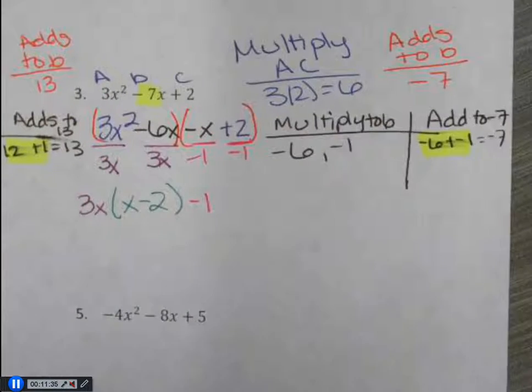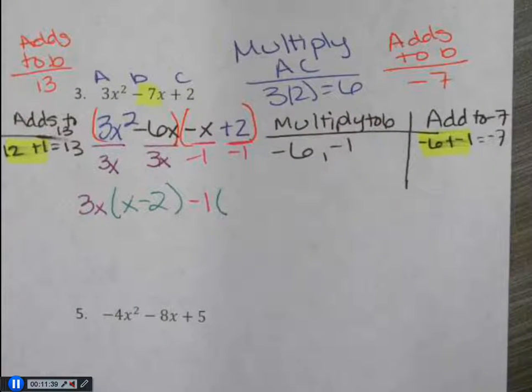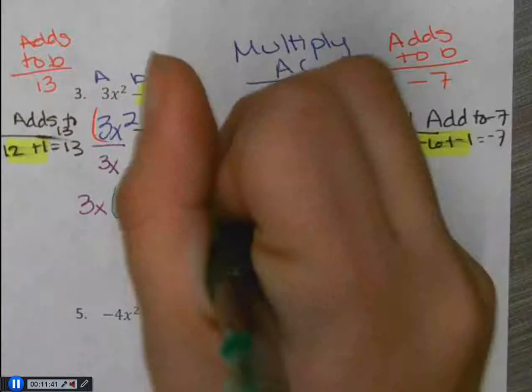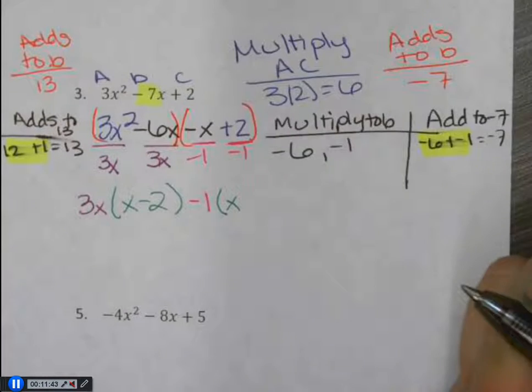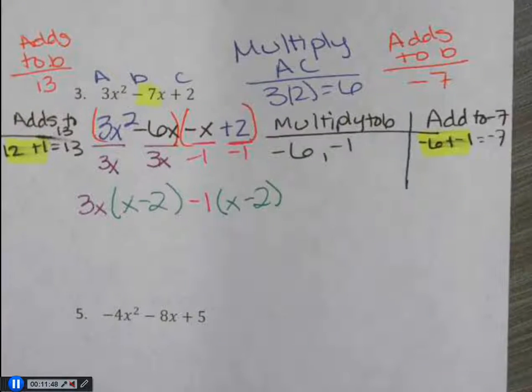Okay, so I divide by negative 1. Negative x divided by negative 1 is... And then positive 2 divided by negative 1? Negative 2. Okay. And then one final step, what do I have to do?